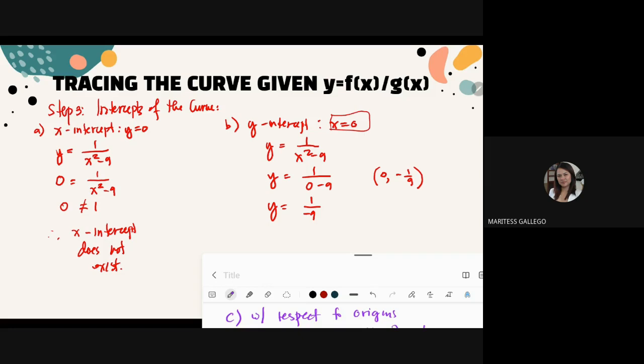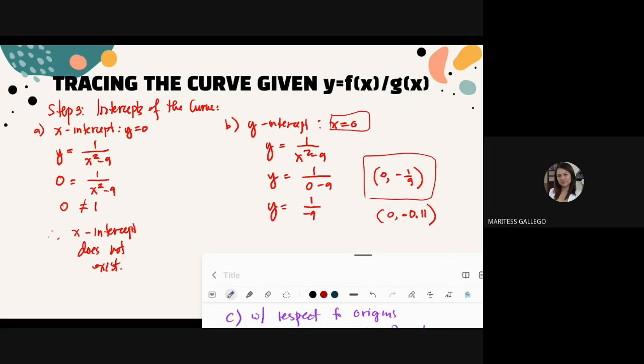Anong 1 over 9 in decimal? Negative 0.11 po. Okay, parang negative 0.1 lang siya. So, dyan dadaan yung curve sa y-axis.